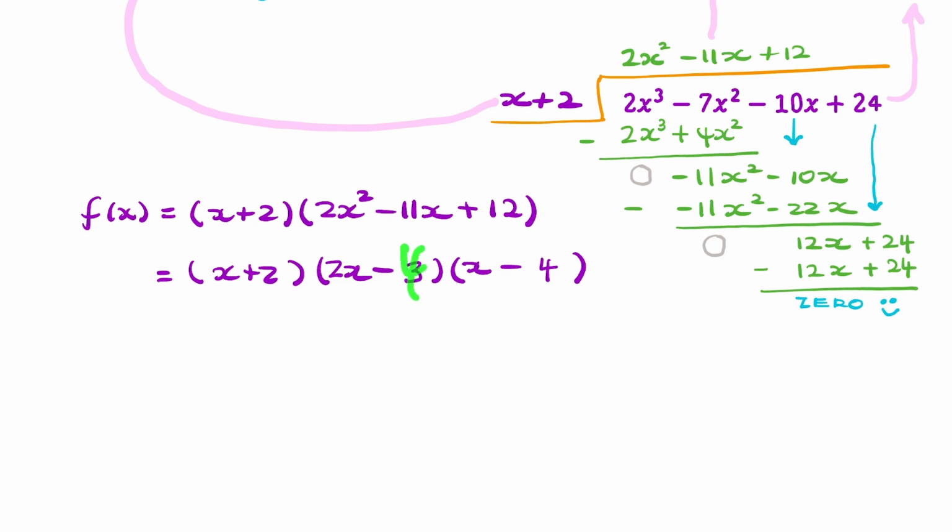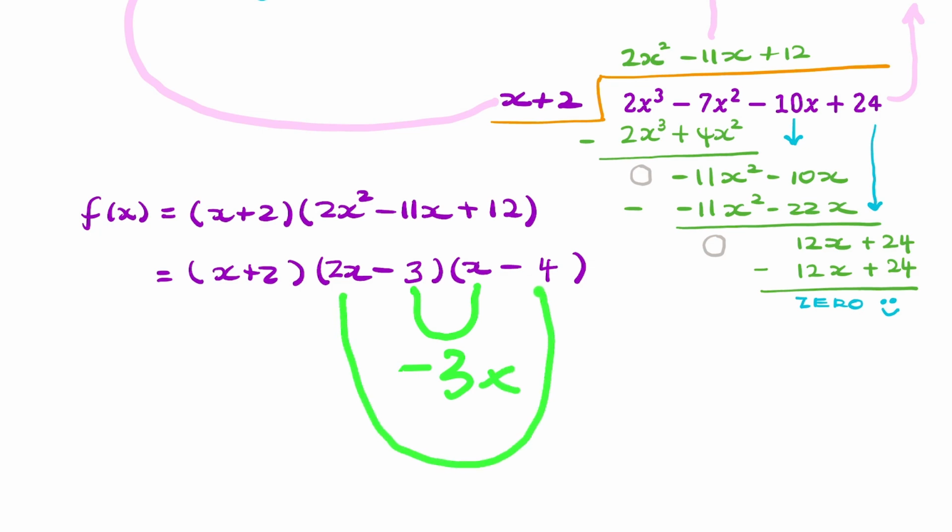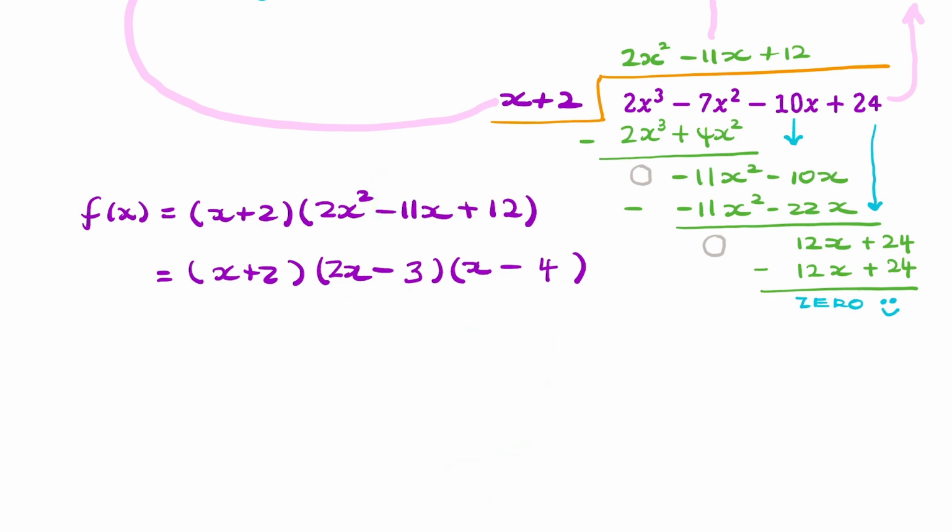You can try with the 4 and 3, that won't work. Try 6 and 2, that won't work. Keep trying until you get your negative 11x. So just to be clear, minus 3 times x and minus 4 times 2x, that's minus 8x, together give you minus 11x.